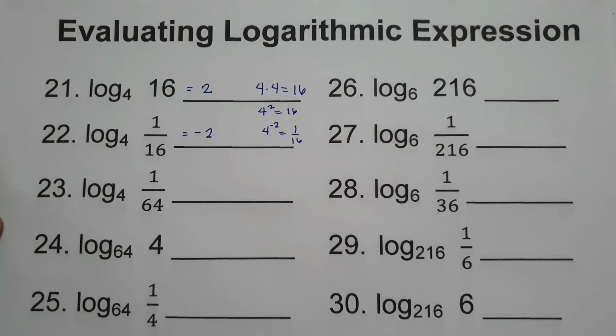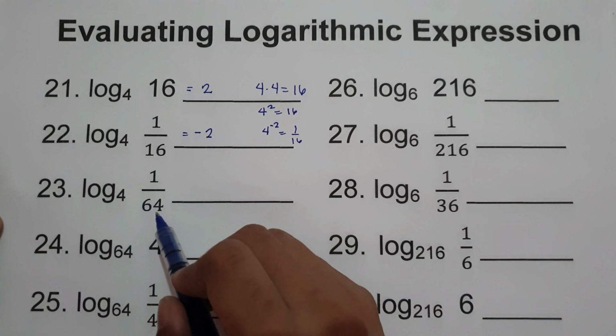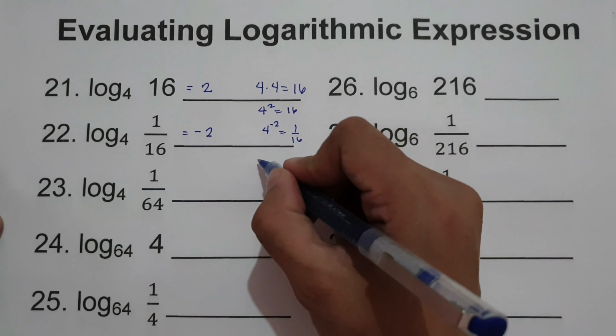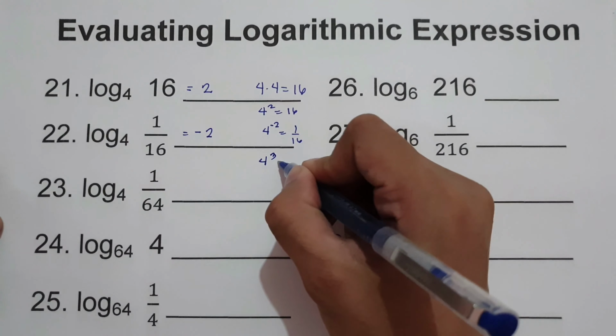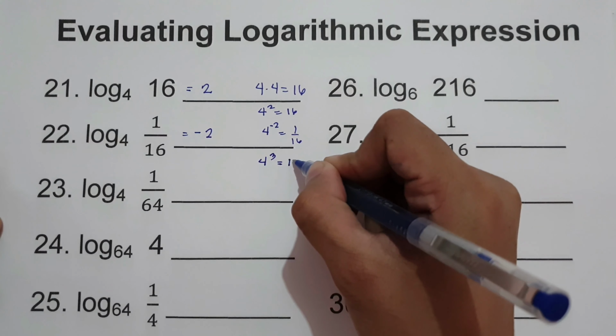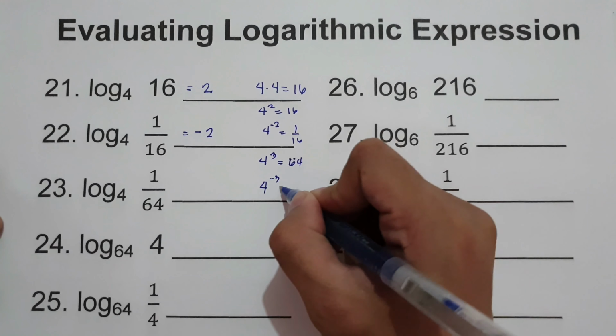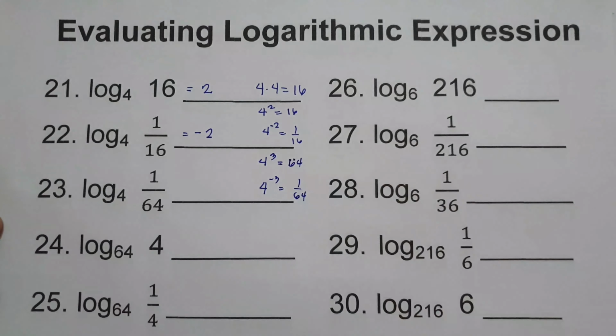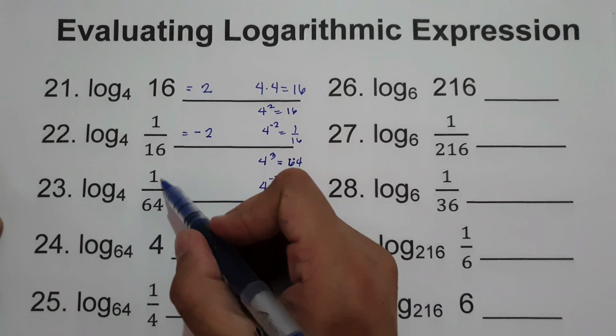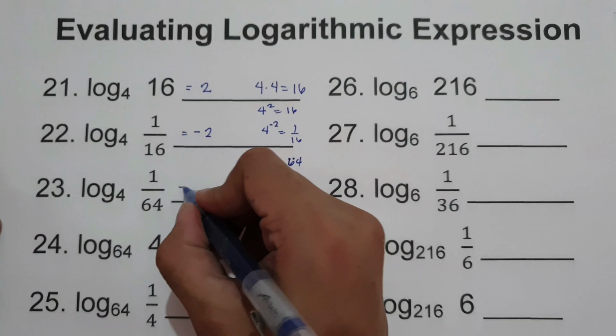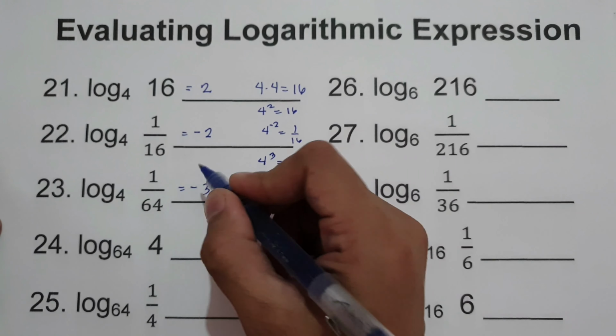What about number 23? Log 1 over 64 to the base 4. 4 raised to 3 is 64. But 4 raised to negative 3 is 1 over 64. So therefore, log 1 over 64 to the base 4 is negative 3.